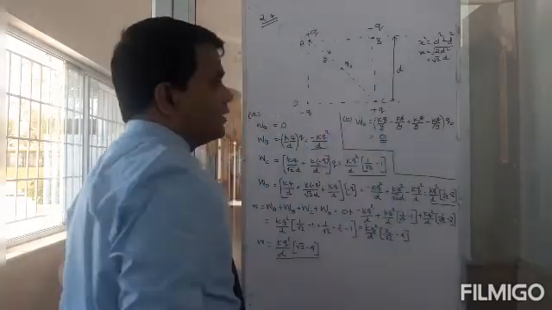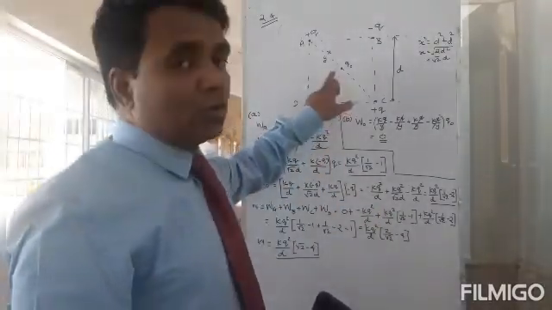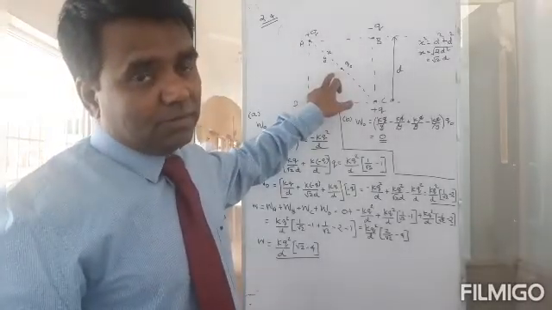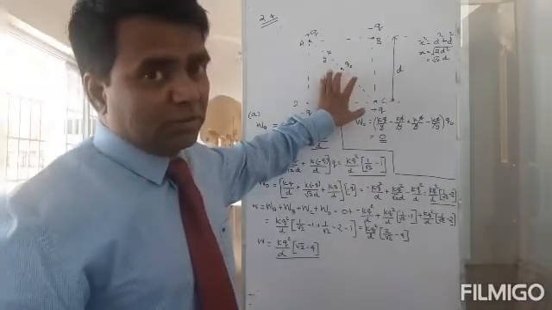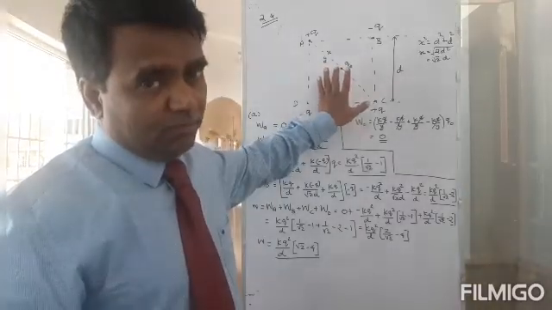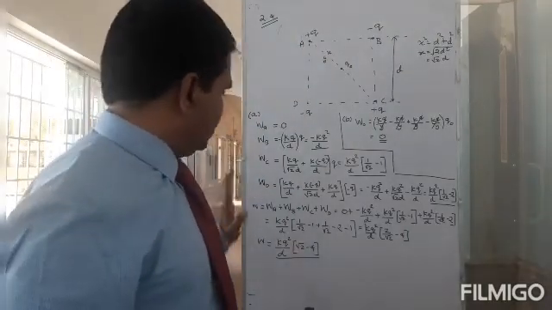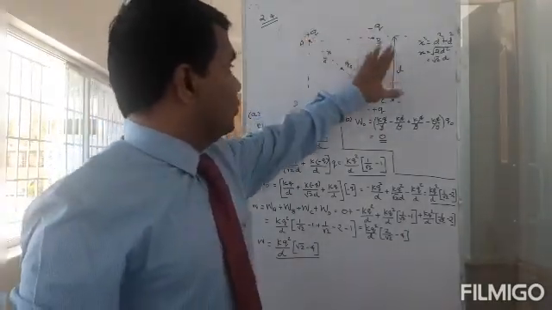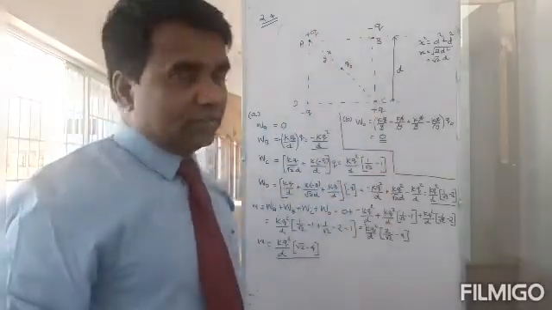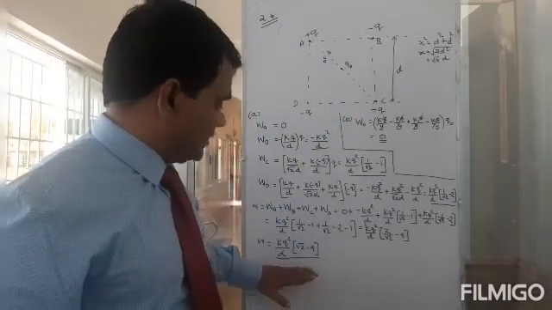So there is no net work that needs to be done to bring q naught from infinity to this position. You don't have to do any more work. You can bring it here without doing any work at all. So that's it. The work you need to do to put this square together, all the four charges at the corners of the square, is this.